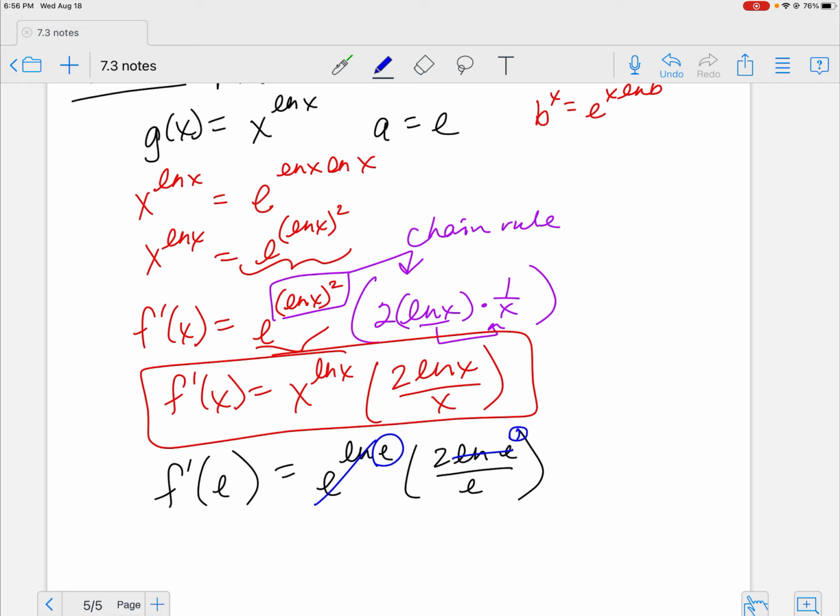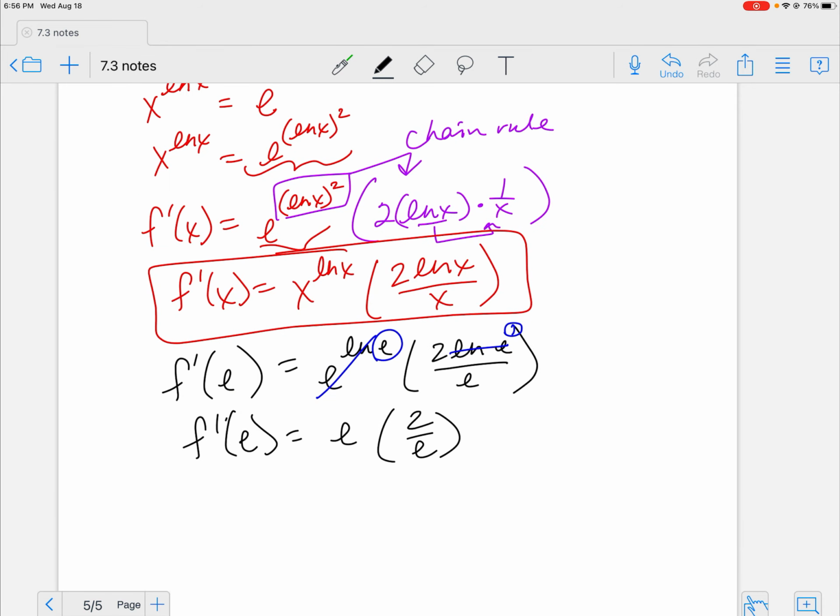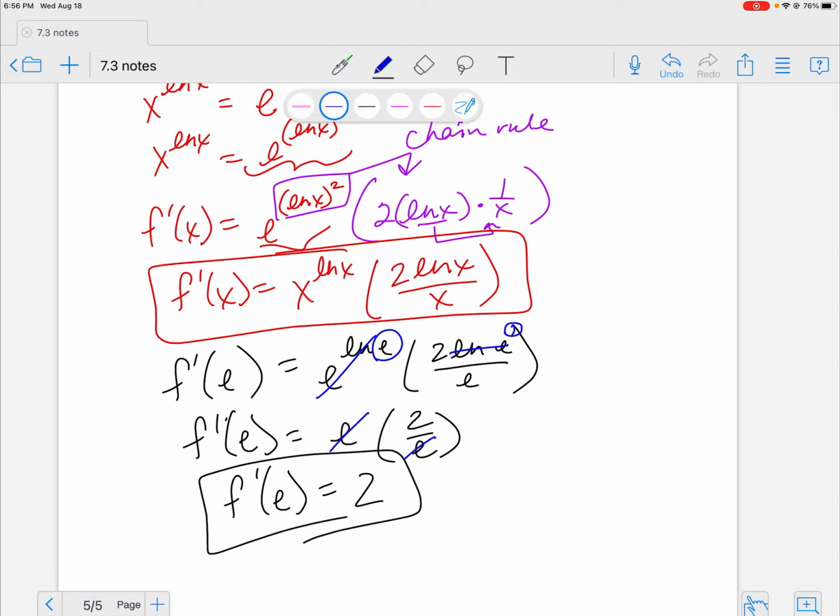So, lo and behold, I end up with, let's go back to black, f prime of e is equal to e times 2 over e. And now those e's cancel, so f prime of e is 2. Do you see those e's cancel? I'm just left with the 2.